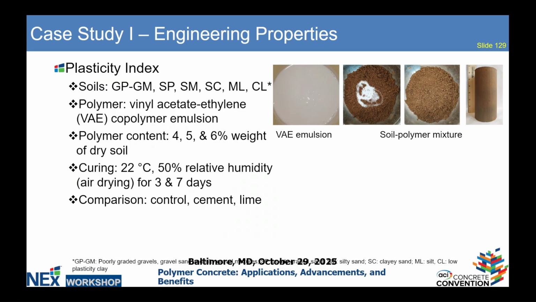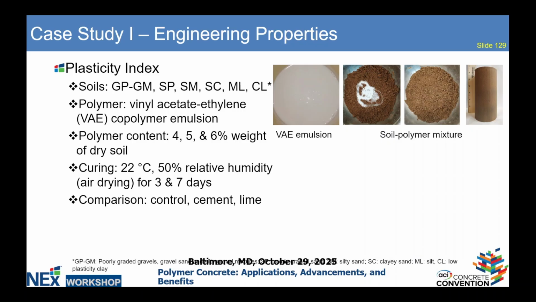And here, in this project, we tried 6 different types of soils, from the gravel to sand to sandy clay to lean clay. We even have fat clay, so it was not included here. And the polymer that we used is one of the most popular products that are promoted for soil stabilization. It is the emulsion made of vinyl acetate ethylene copolymer.